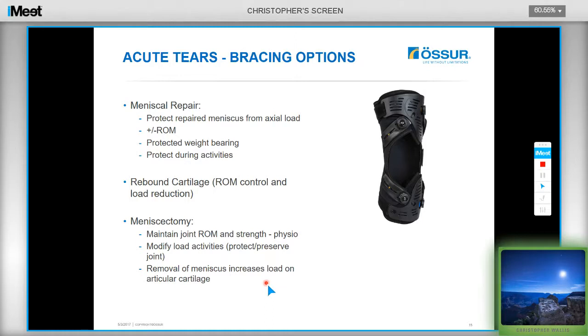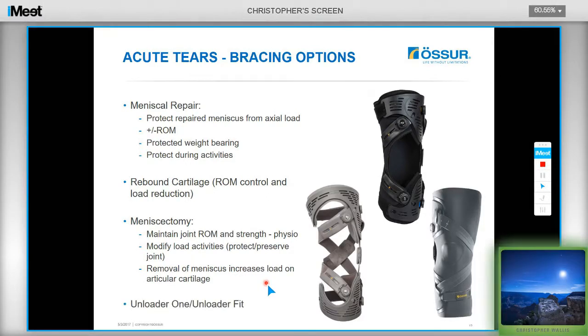And this is simply to protect or preserve the joint, because as I keep saying, as soon as the material from the meniscus is removed, as in a meniscectomy, regardless of whether it's partial or a full meniscectomy, the load that is being taken by the articular cartilage increases, and that's obviously going to increase the degeneration and the progression of that degenerative joint disease towards the varying stages of osteoarthritis.